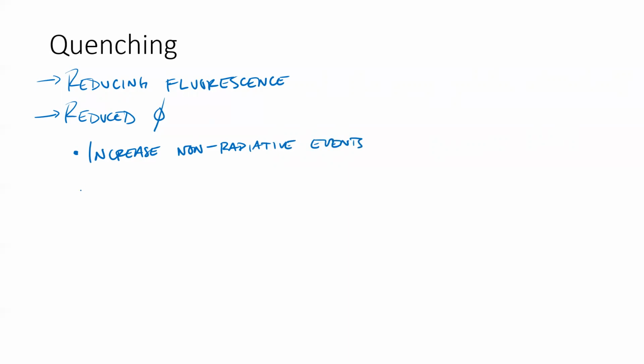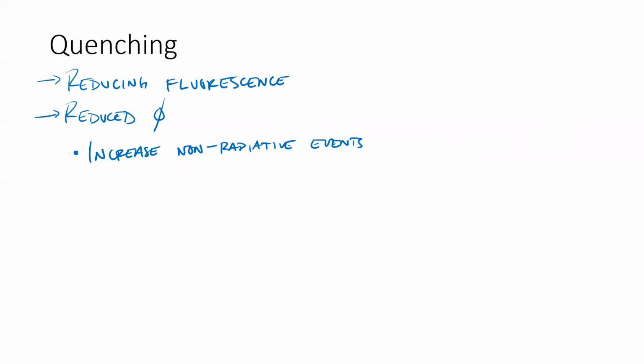There's a couple of ways that we can do this. One of those non-radiative events is, well, the vibrational relaxation, right? That's a big non-radiative event. And while we talk about it mostly within excited electronic states, we can have vibrational relaxation all the way from S1 to S0, right?